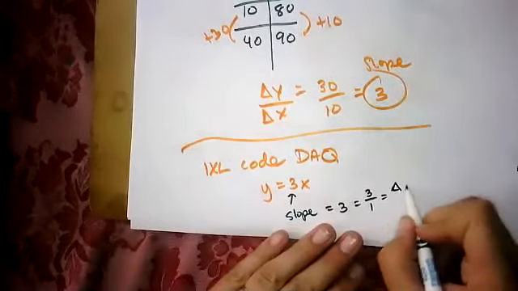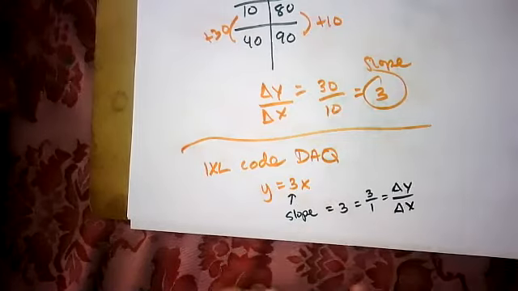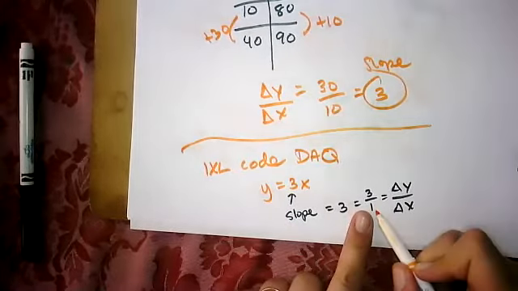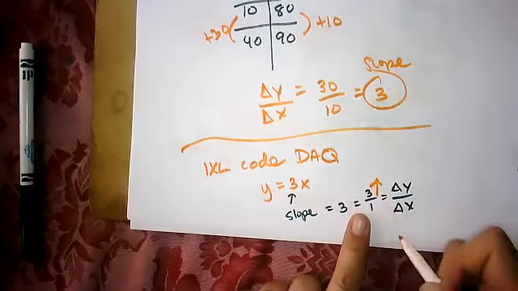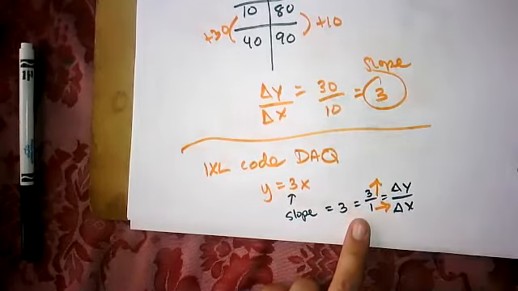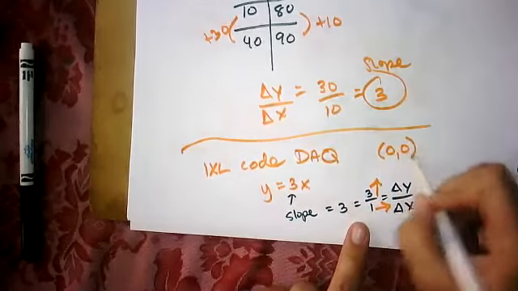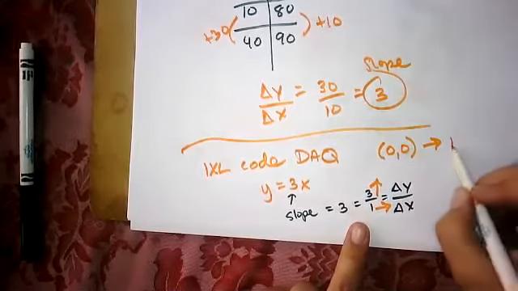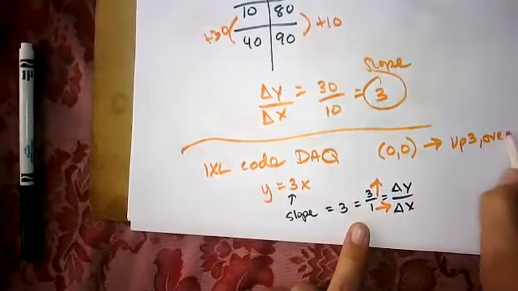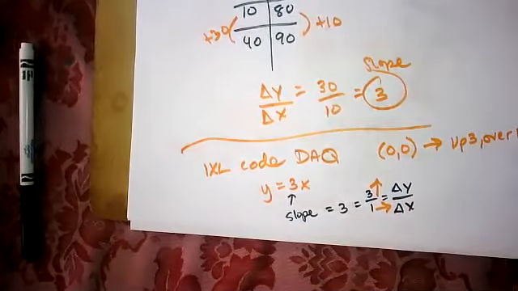This is the change in y over the change in x. Since that's a 3, it's going to go up 3 and over 1. So it's going to start at 0, 0, and then go up 3 over 1. So start here in the middle, and then go up 3 over 1.